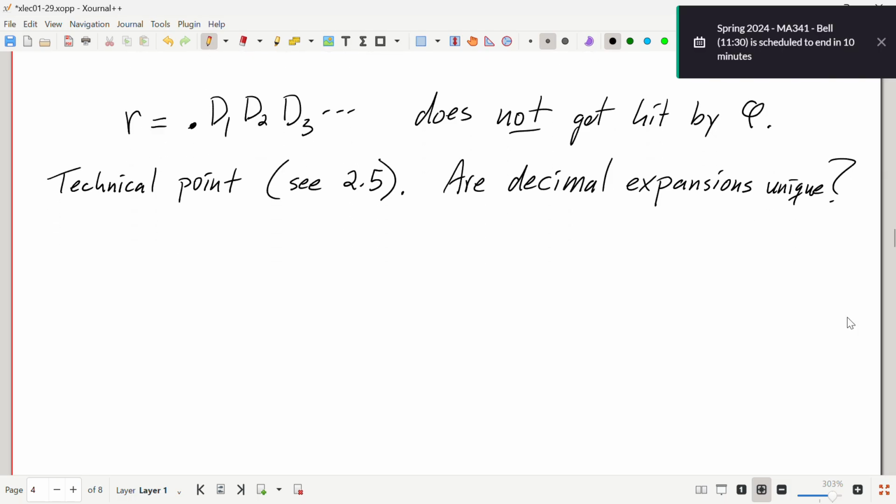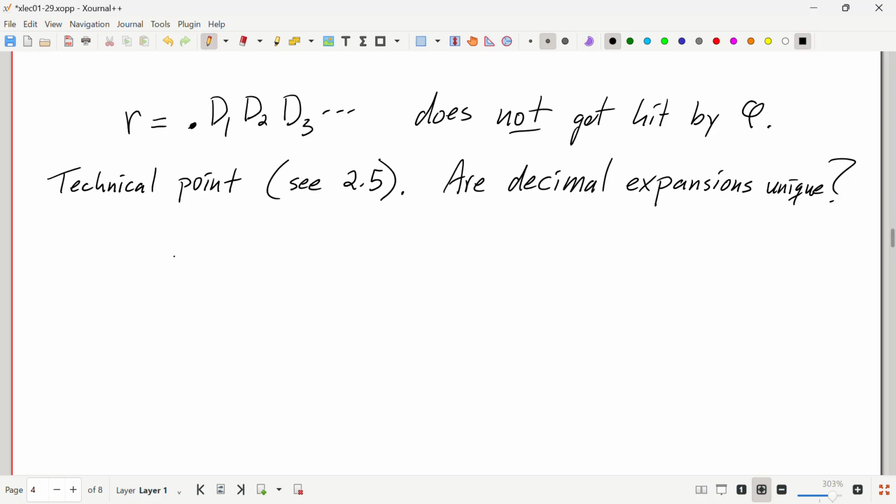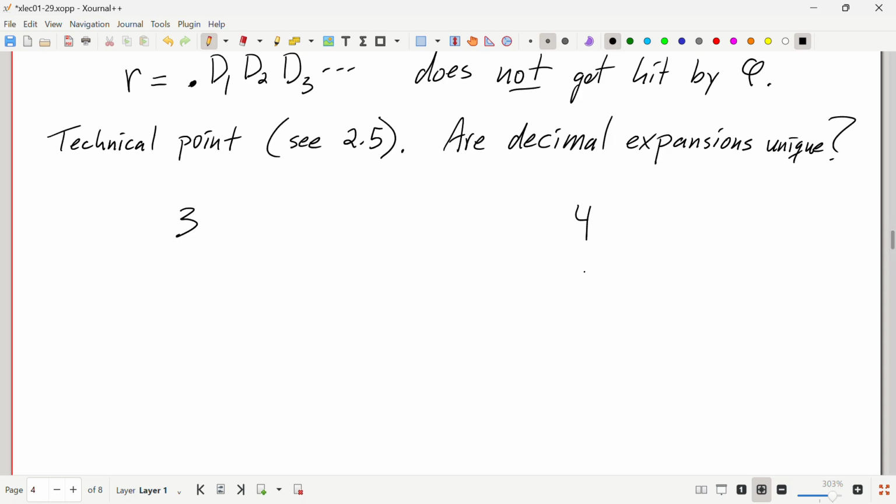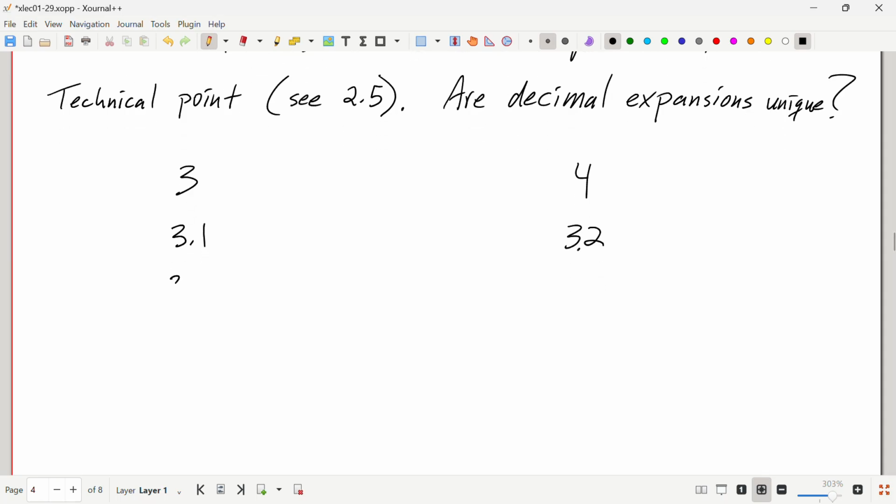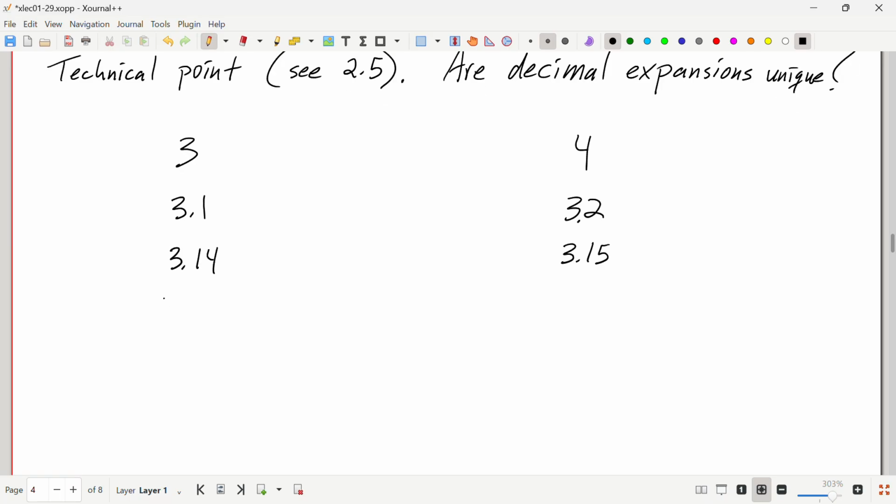To motivate this next thing, here's my favorite example. Let's take 3 is less than 4. 3.1 is less than 3.2. 3.14 is less than 3.15. 3.145, guess what I'm doing here?